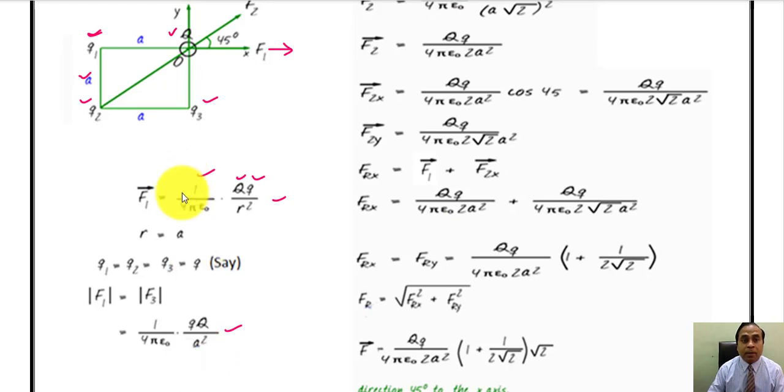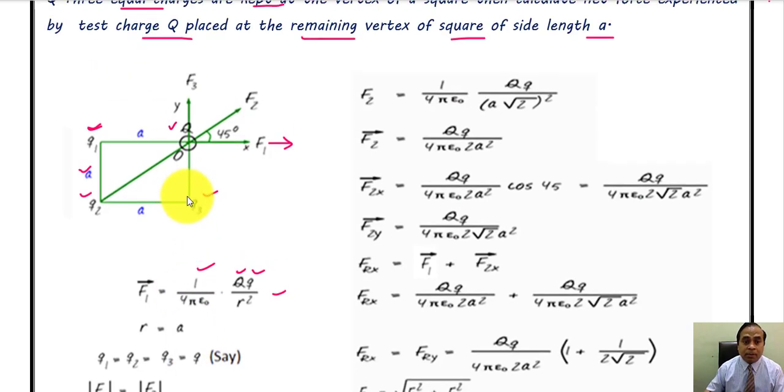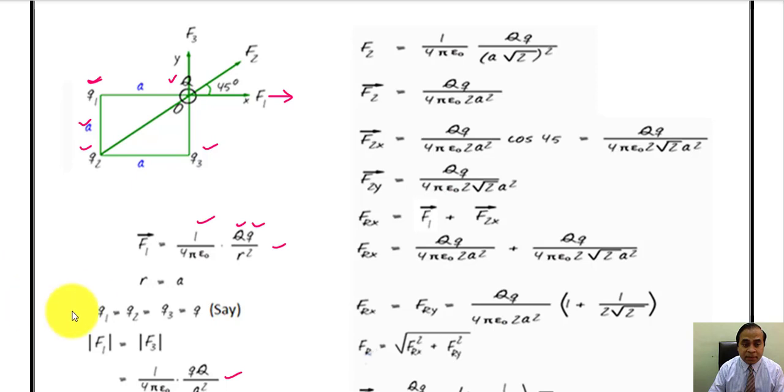So this magnitude will turn out as 1 upon 4 pi epsilon naught qQ upon A square. Now exactly the same way, because three identical charges were given, Q1 is equal to Q2 equal to Q3, and say it is equal to small q in magnitude. Now this Q3 is also exerting some force on capital Q and it is acting in the upward direction.